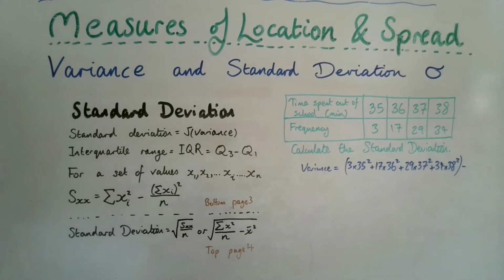From that we take away the sum of them all squared, divided by how many there are.